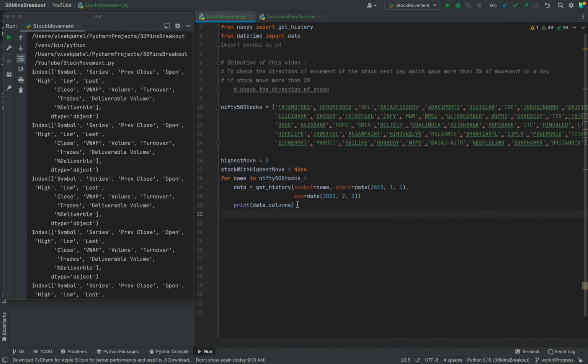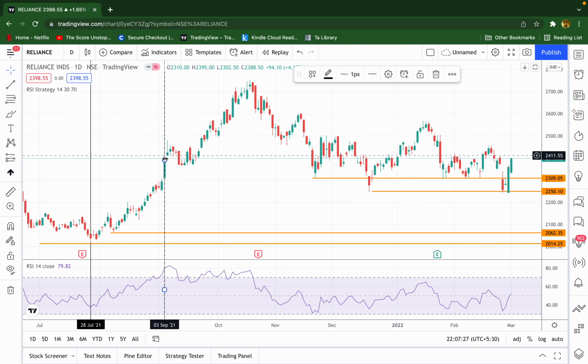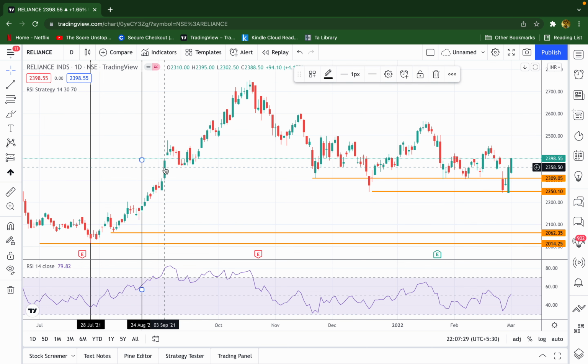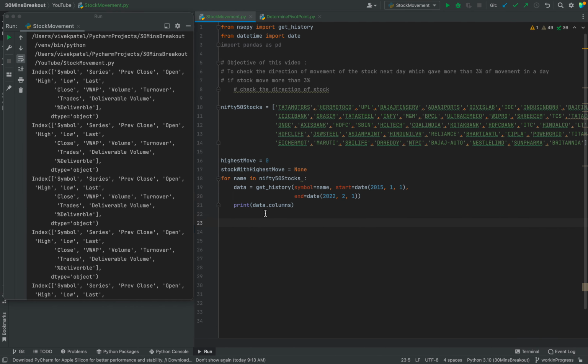So we will calculate the movement of stock using these lines of code. So here you can see that in this green candle, the open price is less than the close price. And when the price has gone down, the open price is greater than the close price.